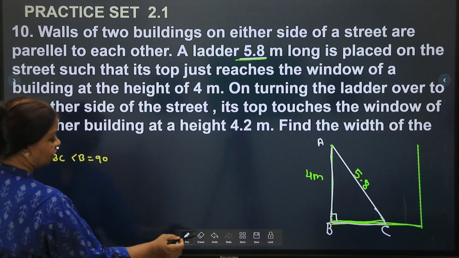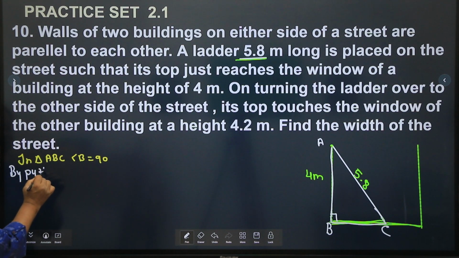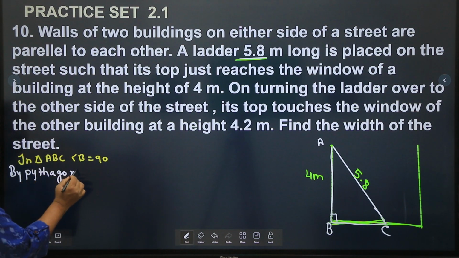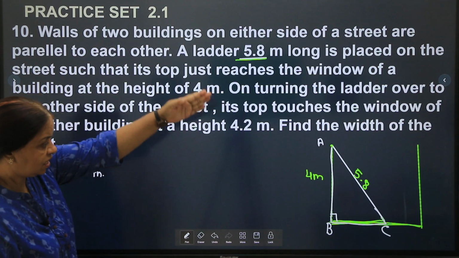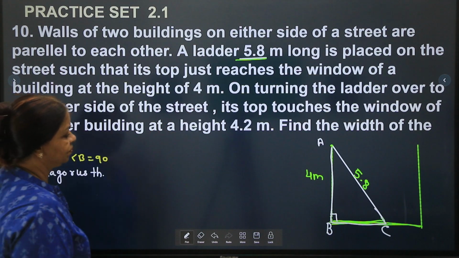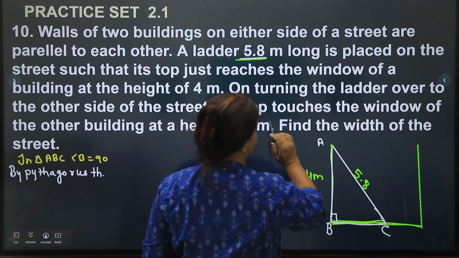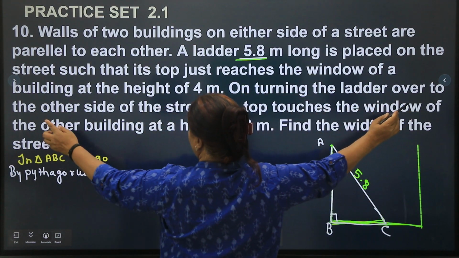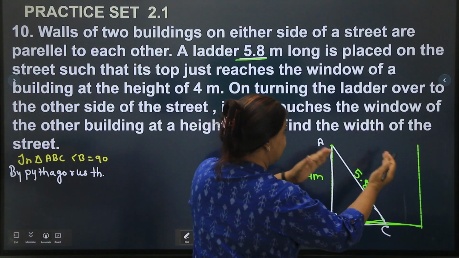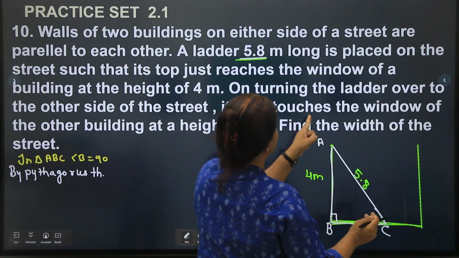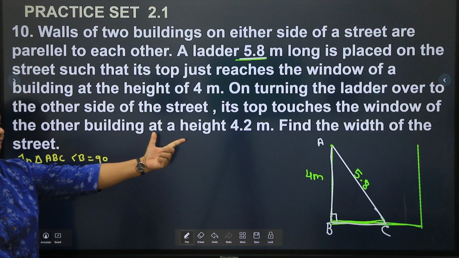So by Pythagoras theorem, we will use Pythagoras theorem afterward. First we will see the next half of the sum. On turning the ladder over to the other side of the street, its top touches the window of the other building at a height of 4.2 meter.